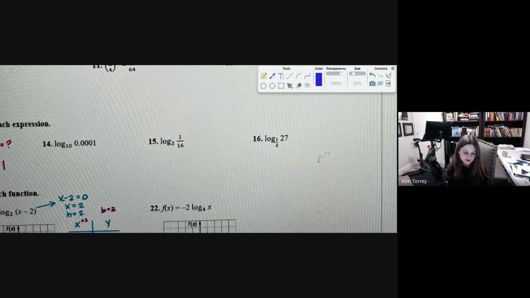Okay. So then, for 16, you would do 1x equals 27, but then you would also do the 3 and then negative 1x equals 27. And then you could do 27 and then 9 times 3 and then 3.